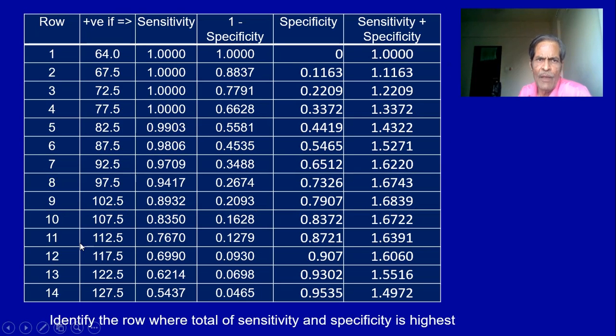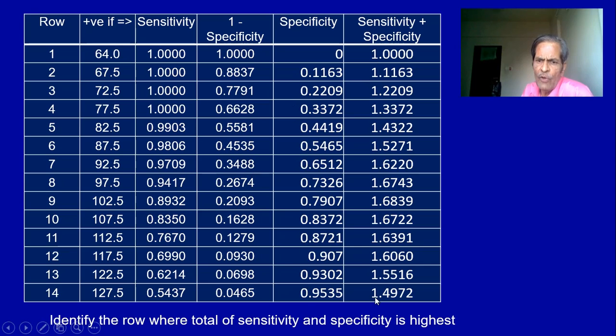So here we have the values of sensitivity and 1 minus specificity. Here 1 minus specificity is 1, so that's why the sensitivity is 1. Our sensitivity is 0 over here, because the sensitivity is 0, the value 1 minus specificity is 0 over here. Similarly, we calculate the values of the specificity.